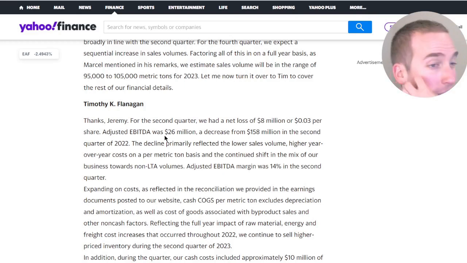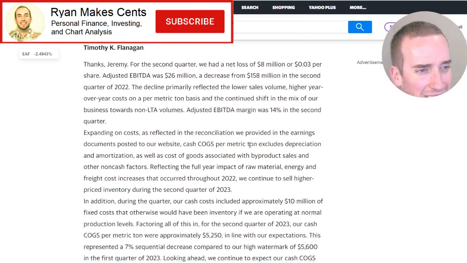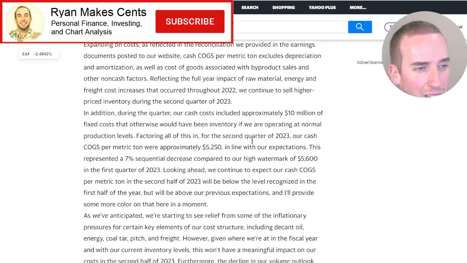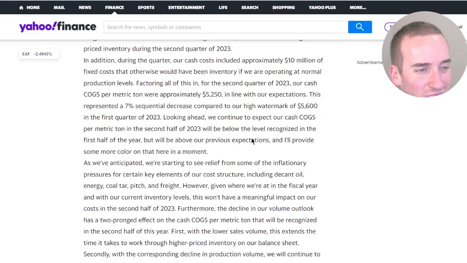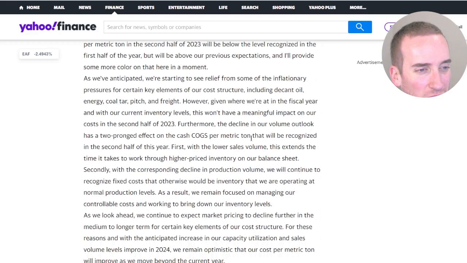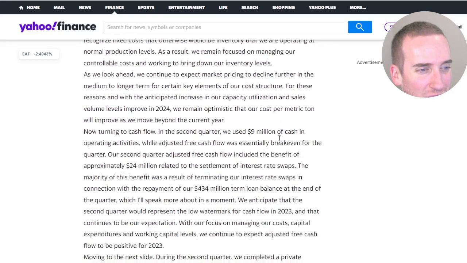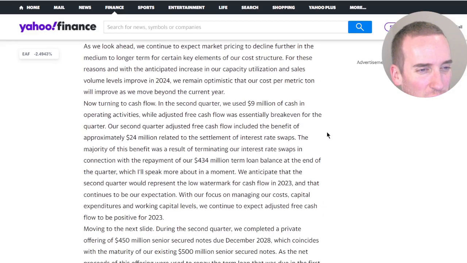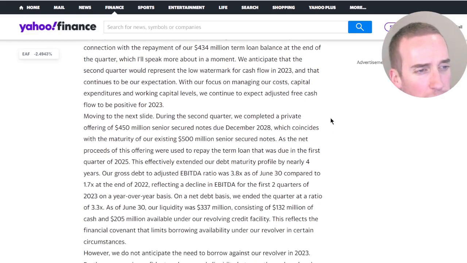Okay, so the decline primarily reflected the lower sales volume, higher year-over-year costs per metric ton. Okay, let's continue. Going on down.